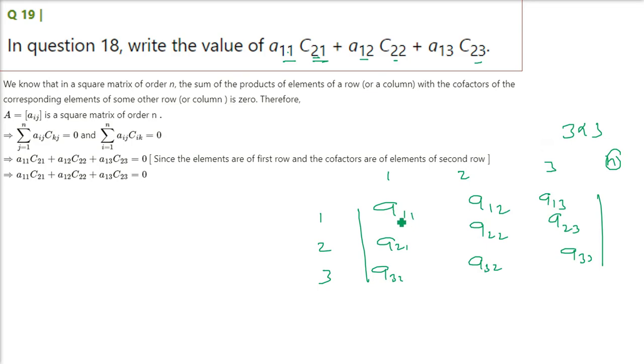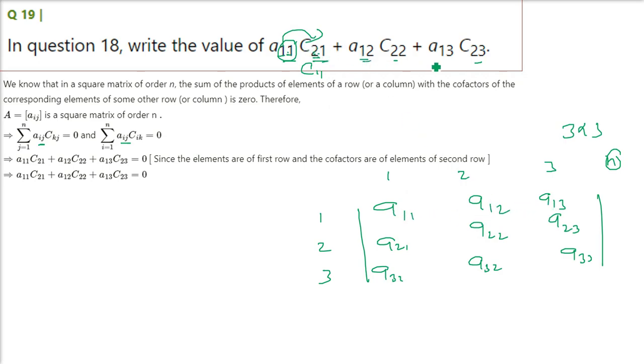Since the elements A11, A12, A13 are the elements of the first row, and the cofactors are the elements of actually the second row, which are C21, C22 and C23, we know already from the properties we discussed that if we multiply this way, then the value is going to be 0. I hope you got the idea.